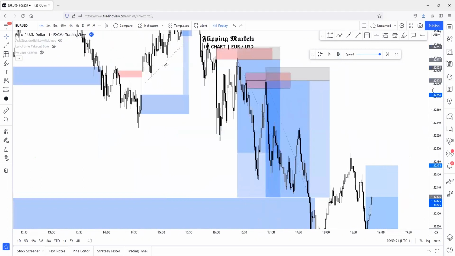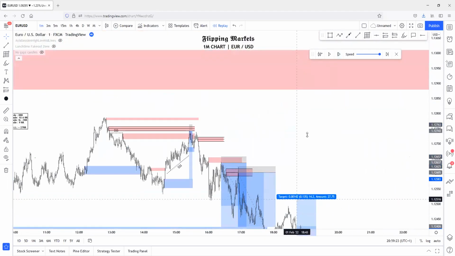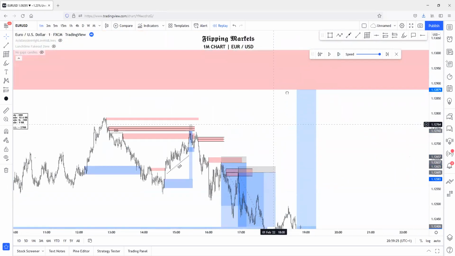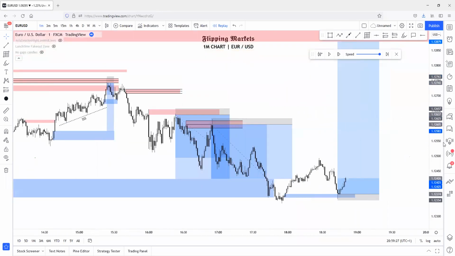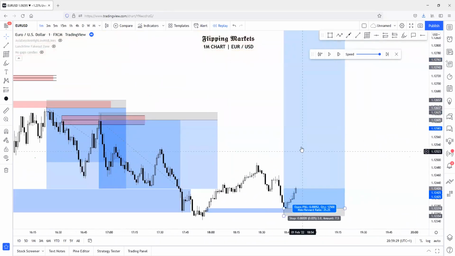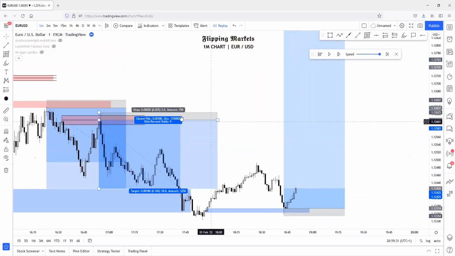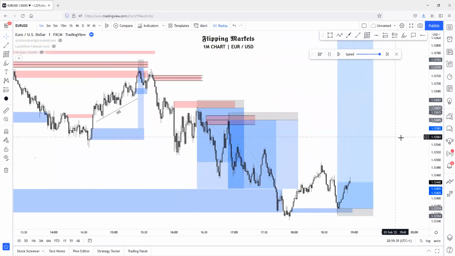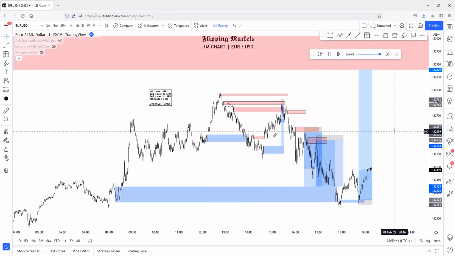Reaction, and we will be able to target the upper 4-hour supply zone for swing trades for 1-to-25 risk-reward ratio. Of course, we are not keeping for 1-to-25. We are closing at 1-to-10, 1-to-15, 1-to-5 in a counter trend. But let's just test it for curiosity. I'm going to just fast forward it.